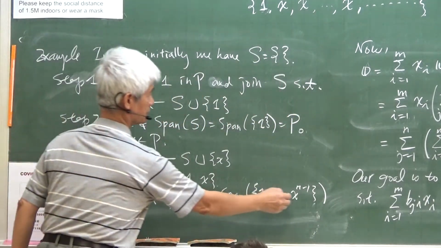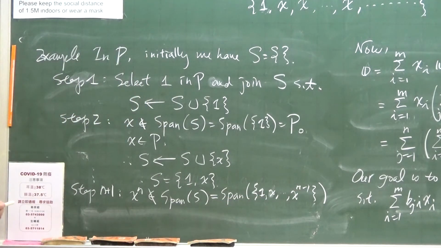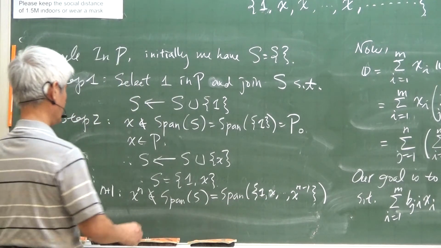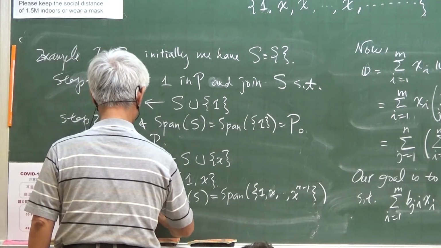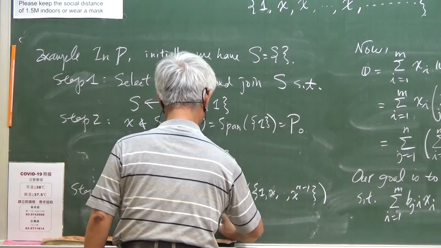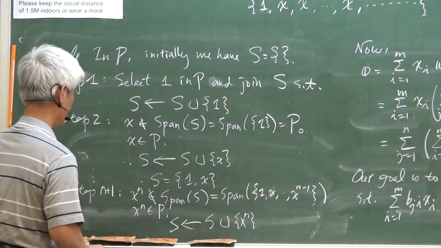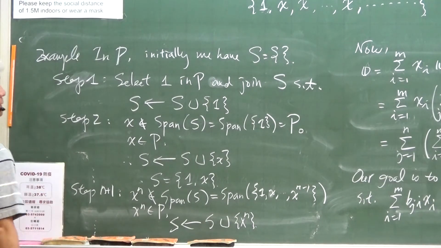Because the span of 1 up to x^(n-1) is polynomials of degree less than or equal to n minus 1, and x^n is also in P. So now we take the union with x^n, and it continues to do so.